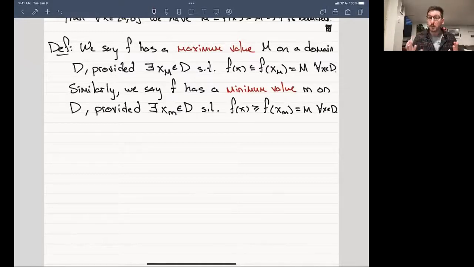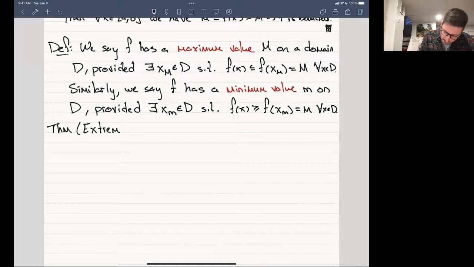And you might be familiar with this, but the next theorem leads naturally to telling you when you have exactly max and min values. And this is referred to as the extreme value theorem.